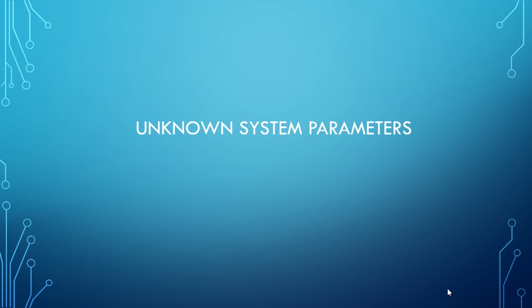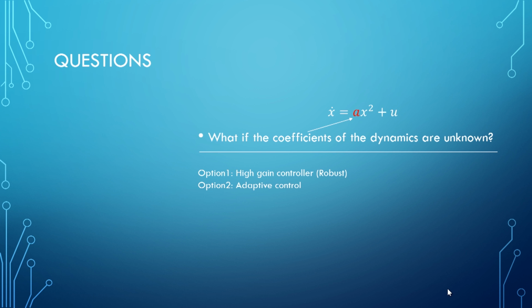So the next one is, how about considering unknown system parameters. A is assumed to be unknown. Okay, in the previous case, it had to be known. What if A is unknown? Then you have two options. Option 1 is you design high gain controllers, also called robust control. Or option 2 is adaptive control.